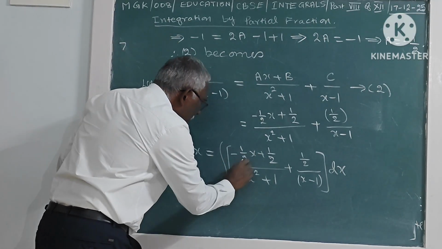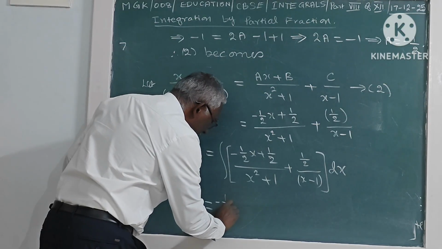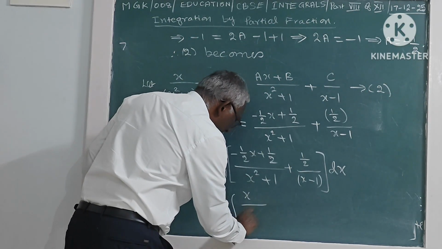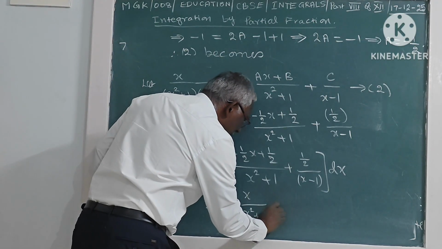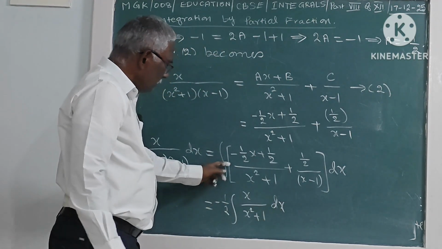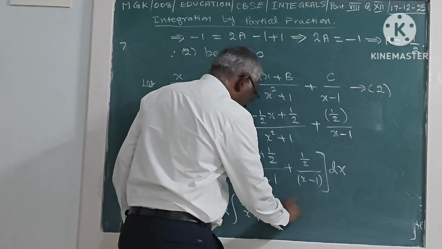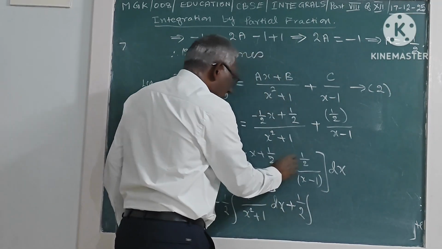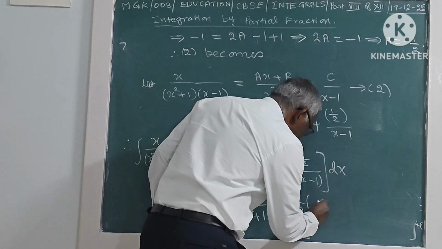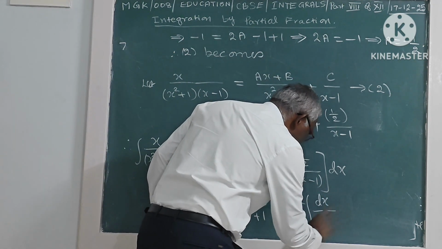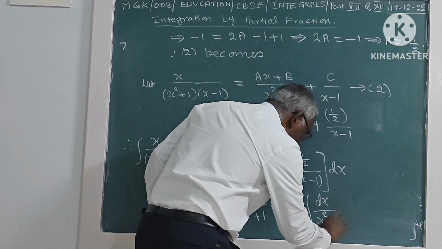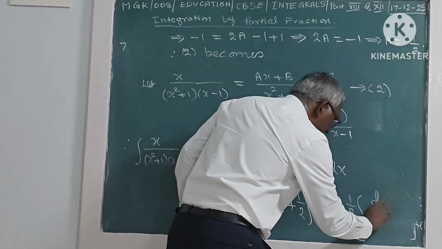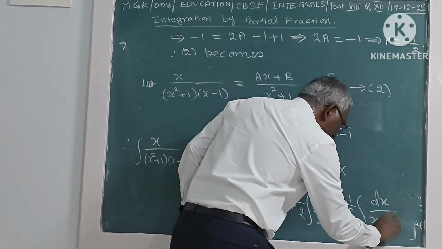So we can write minus half, I'll take outside, integral x by x square plus 1 dx, then plus half times integral dx by x square plus 1, plus half times integral dx by x minus 1.